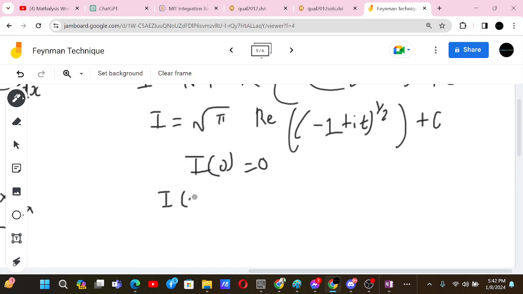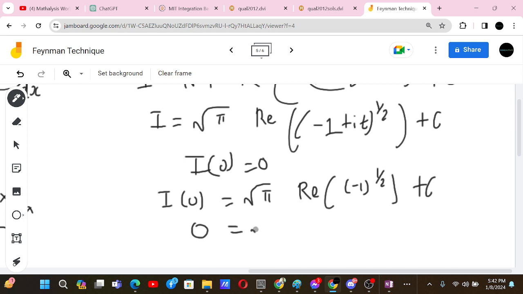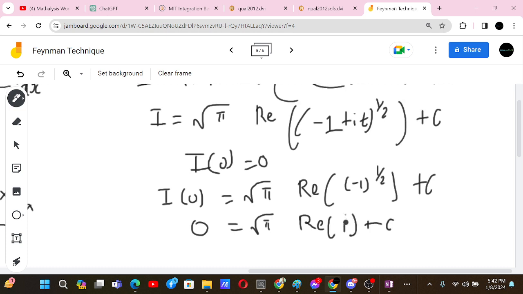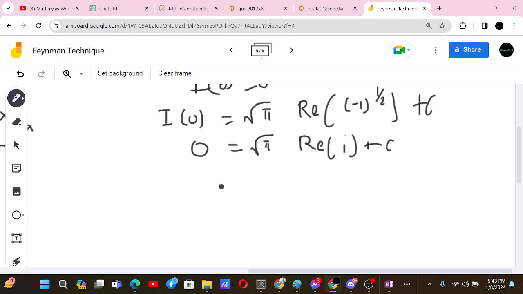So I of 0 equals root pi times real part of (minus 1) to the power 1 by 2 plus c. Now I have 0 is 0, and then root pi times the real part of square root of minus 1, which is i, plus c. Now this is a purely imaginary number, and its real part is 0.